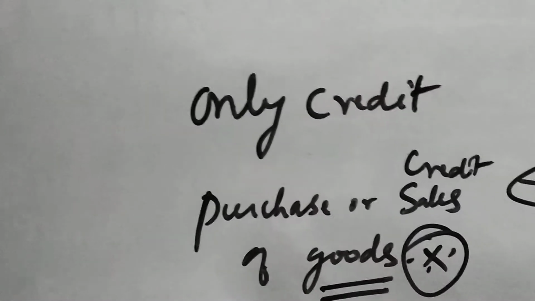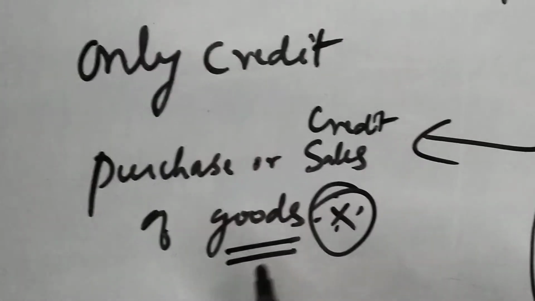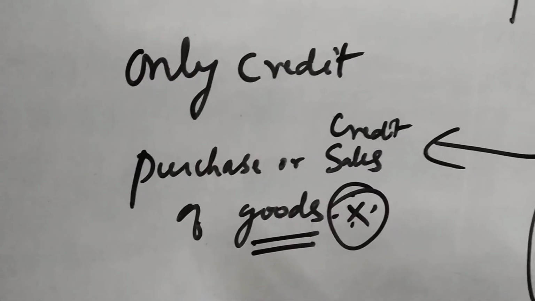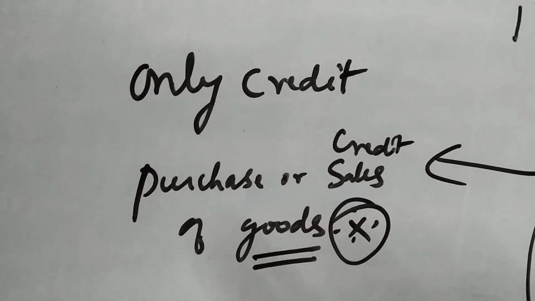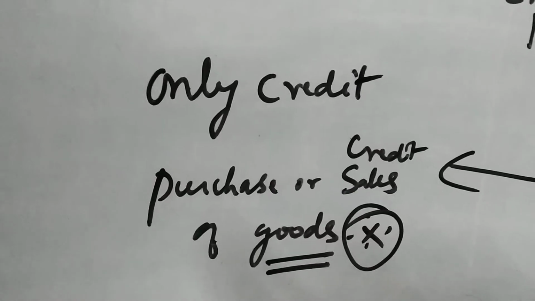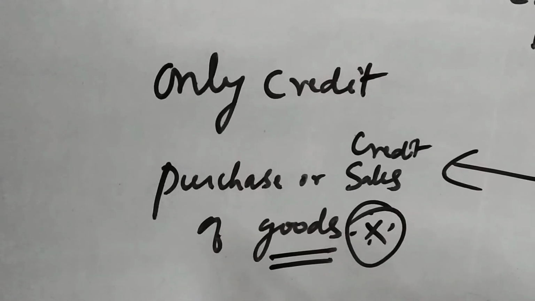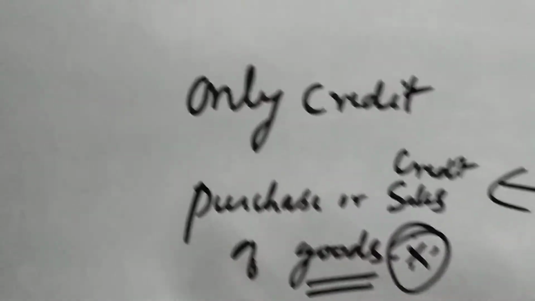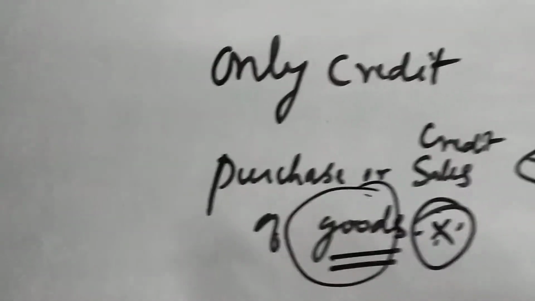Just remember this point alone. Only credit purchase or credit sale of goods. What is a good? When we purchase something with an intention of resale, we call that a good, your stock.